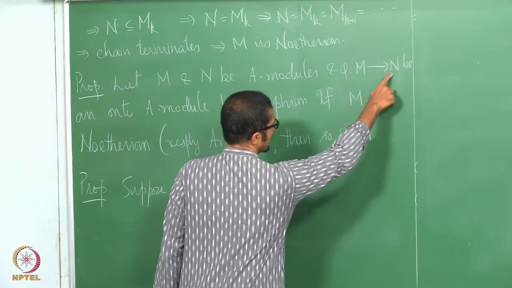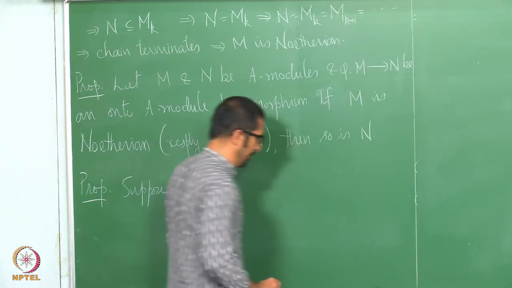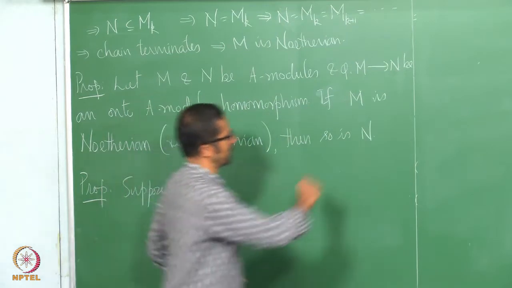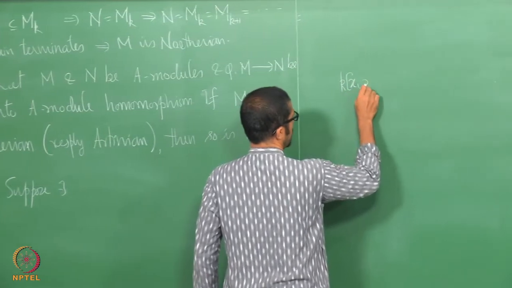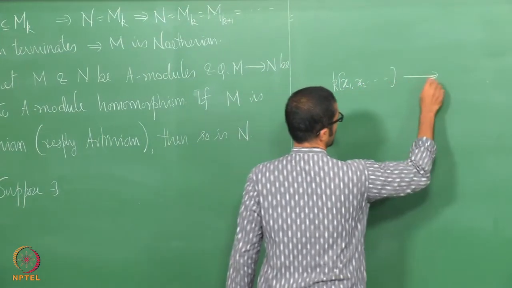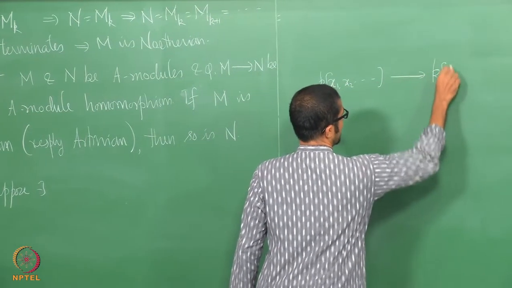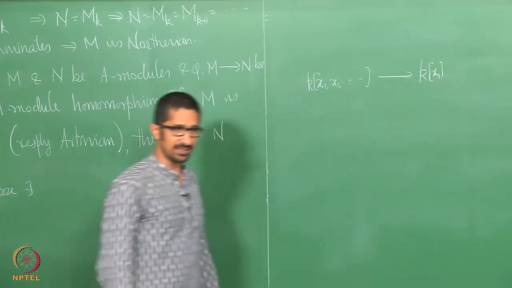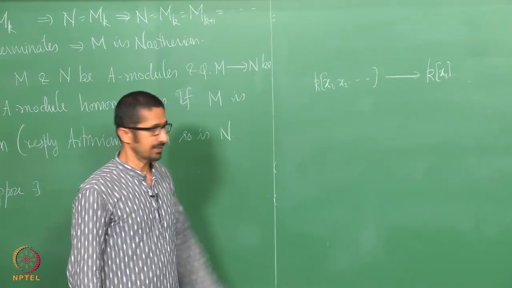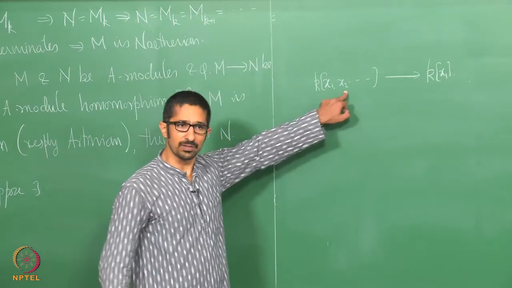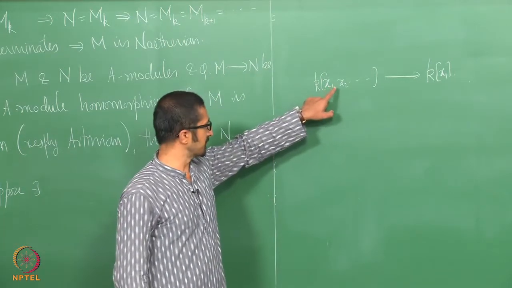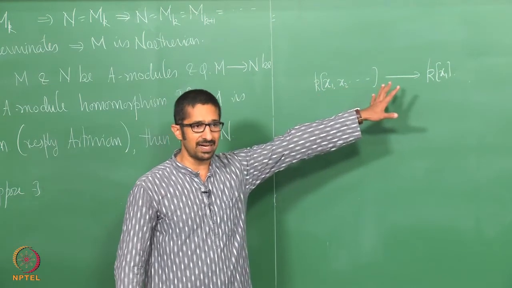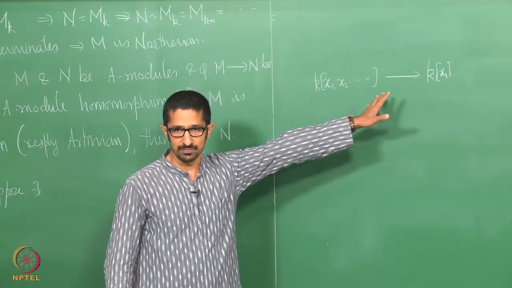If I have a surjective map, for example, k[x1, x2, and so on] to k[x1], there is a surjective homomorphism which says put xi equal to 0 for all i bigger than or equal to 2.